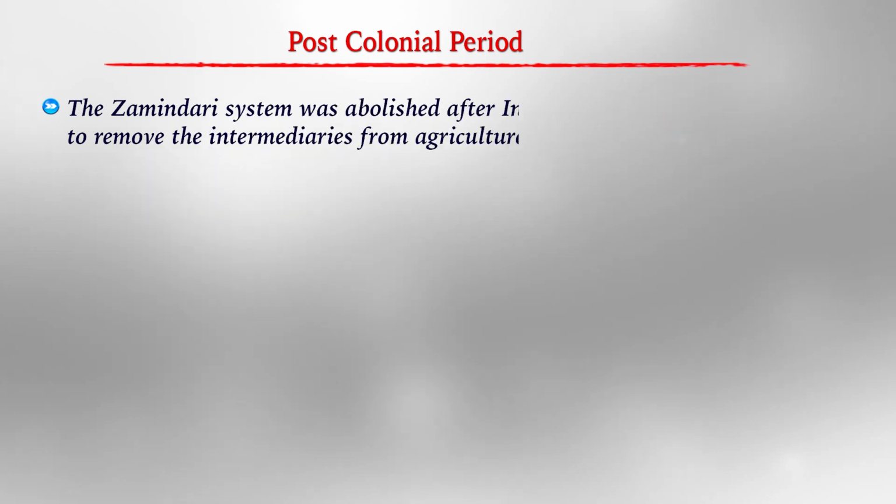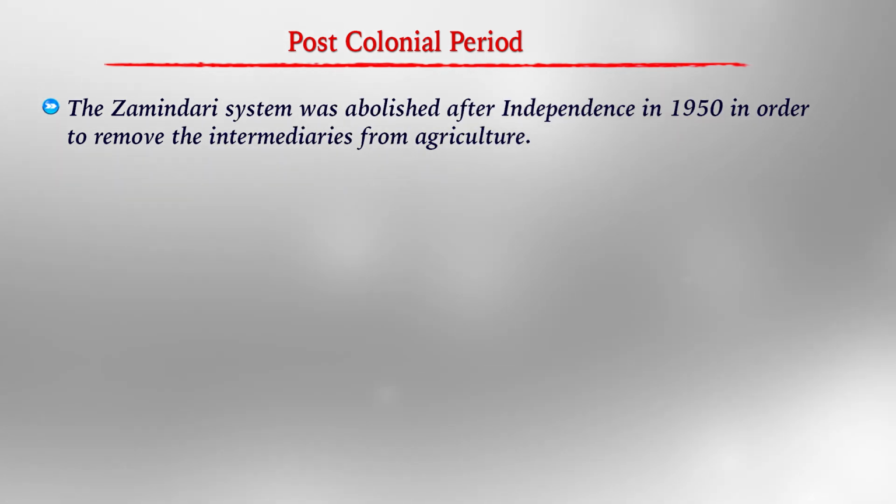The post-colonial Indian society today is marked by a lot of changes with the introduction of 5-year plans and the development of mixed economy. New sectors emerged both in the public and the private area. Today, in the private sector, service sector is the most dominant sector, and the zamindari system was abolished by the government after independence.